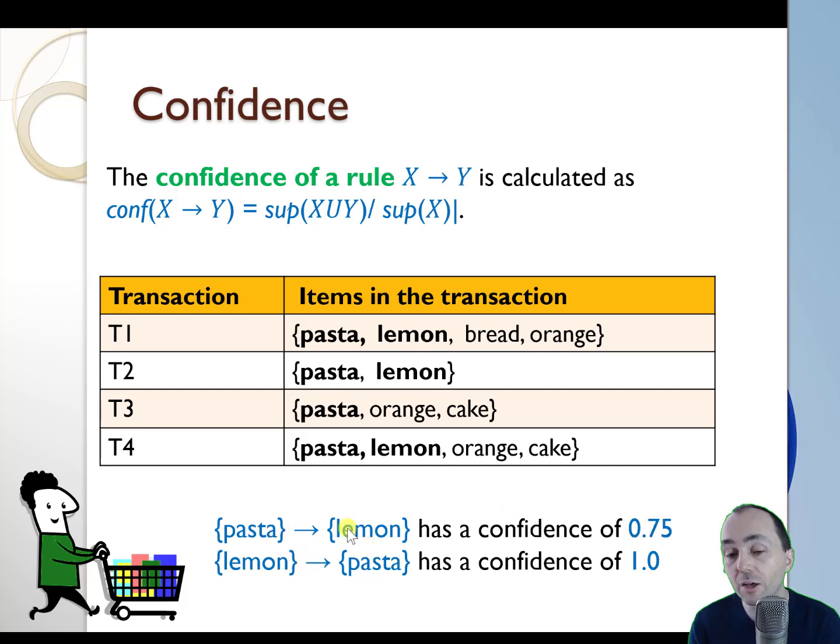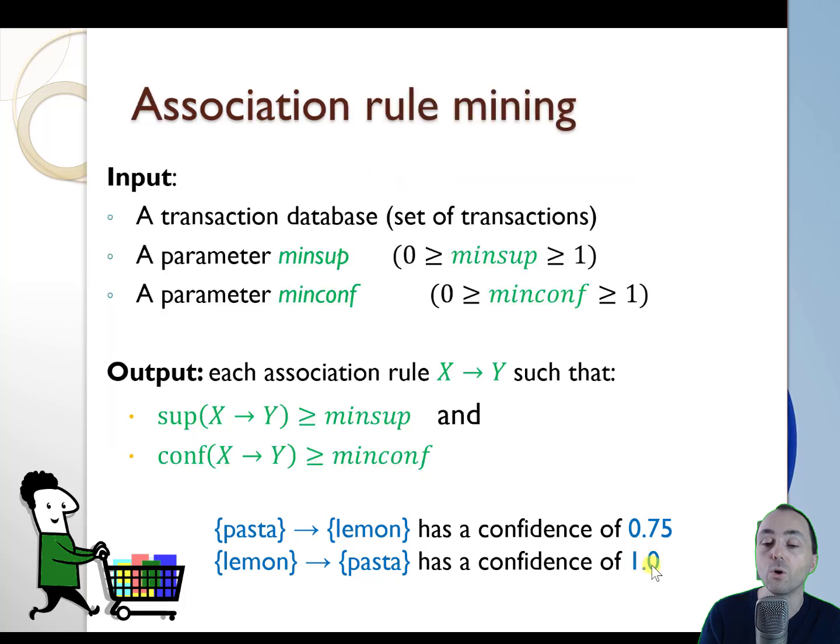Now if we flip this rule, lemon imply pasta, will it be the same or not? Okay, let's have a look. Lemon pasta together appear 3 times. Divided by how many times we have lemon? 3 times. So 3 divided by 3, the confidence will be 1. So 100%.